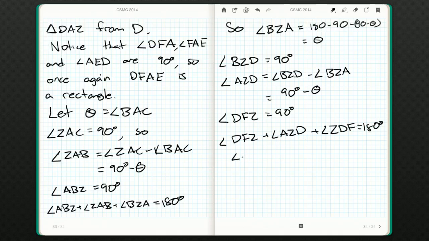So angle ZDF is 180 minus 90 minus 90 minus theta. And that's going to be theta.